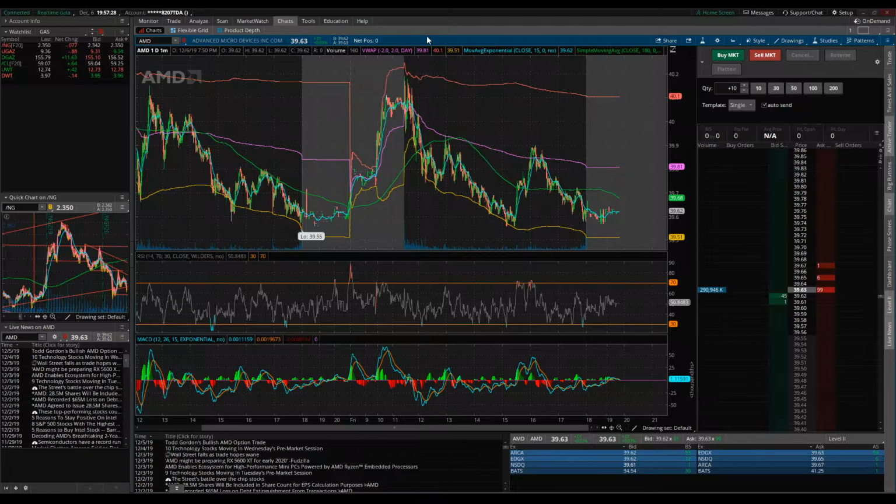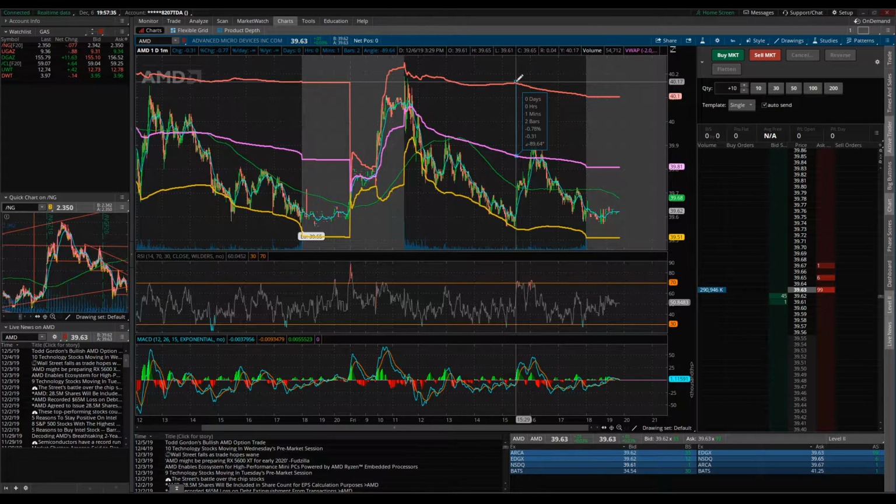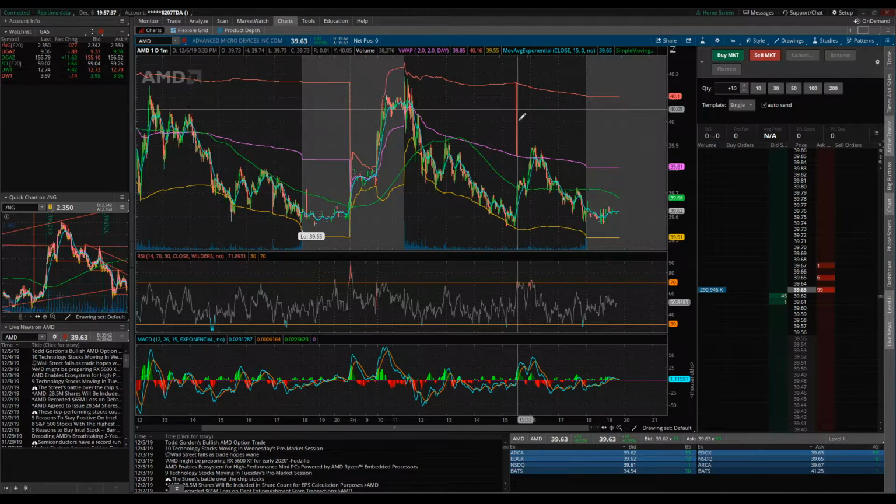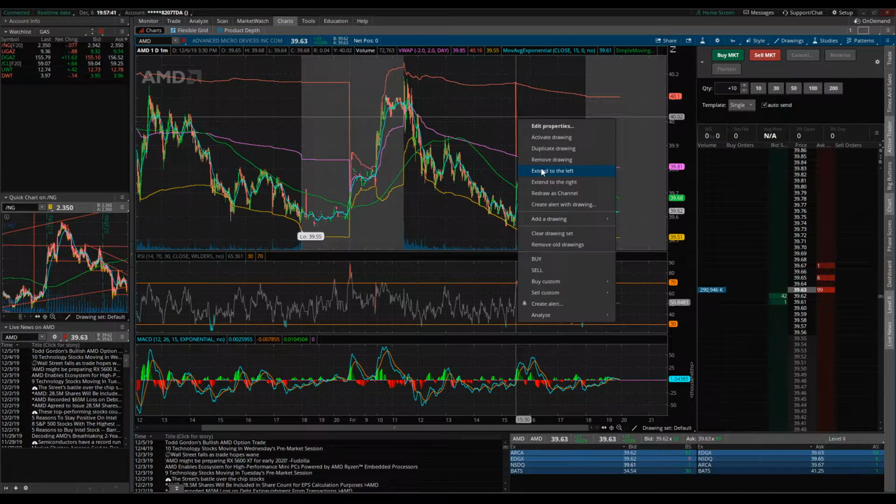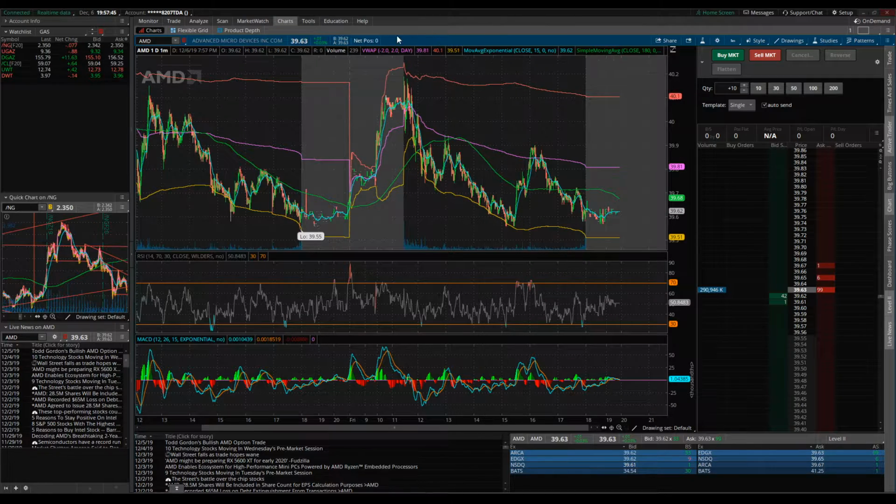Here I have this one set on -2 and +2. What that means is the difference between this line and this line, the red line, is going to be bigger or smaller if you go to the settings of VWAP and change them.